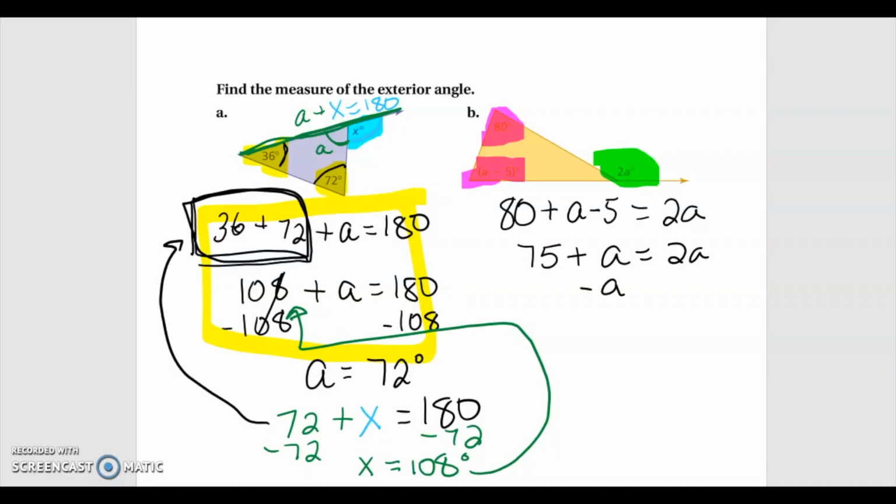So I'm going to subtract a from both sides, and 75 equals a. So now I can find all of these missing angles. So this would be 2 times 75, or 150 degrees. And this one would be 75 minus 5, so this angle is 70 degrees. So we can use the interior angles to find the measure of the exterior angle.